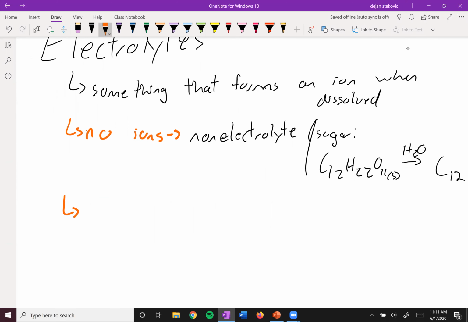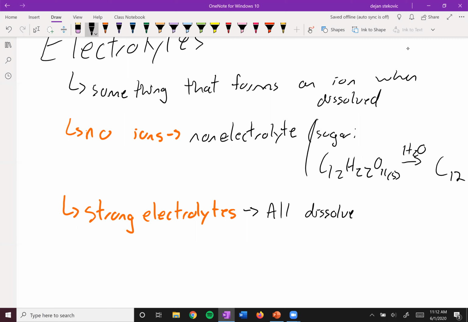So we have non-electrolytes. Next up, we have strong electrolytes. And so strong electrolytes are where you have all of your dissolved particles make ions. So if you put 10 particles in, you get 10 ions, and so on and so forth. So all dissolved particles make ions.